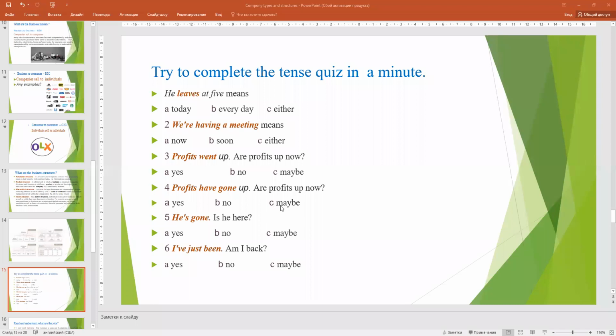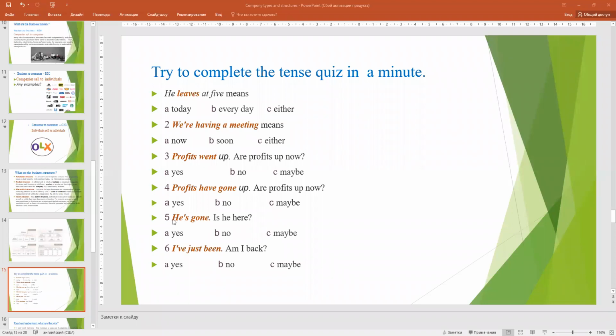That's why we can say maybe. Now the function of the present simple. Present simple is relevant for the past and also the present. It is a bridge between the past and present. The profits went up and they finished, or the profits went up and maybe they went on to go up as well.